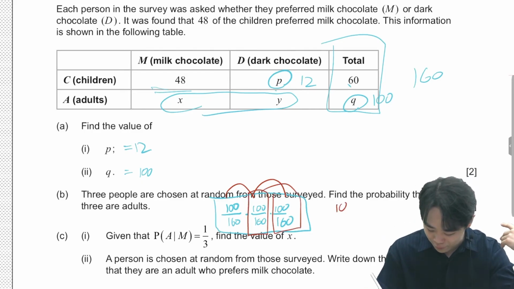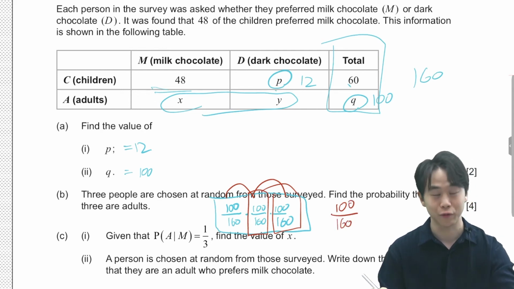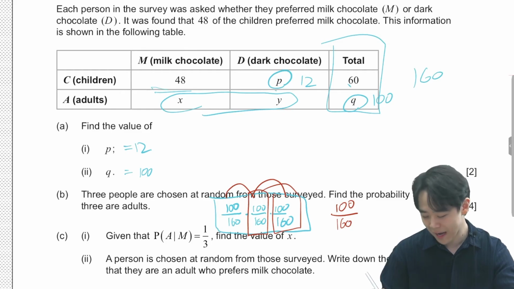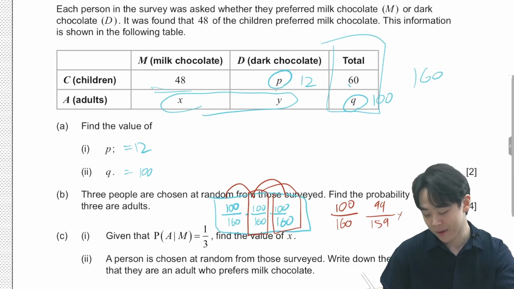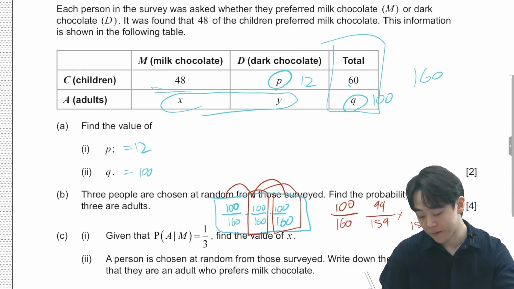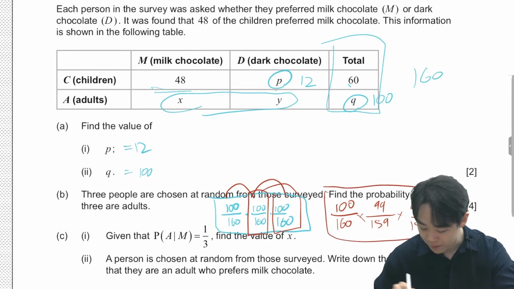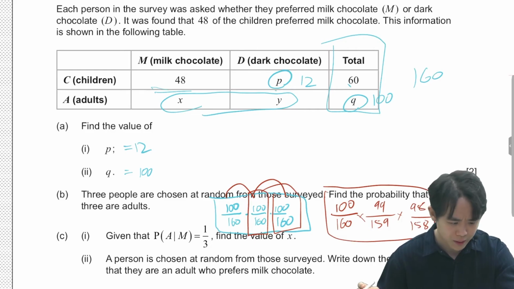Because if you take the first adult, right, that's a 100 out of 160 chance, but then you have 159 people remaining with 99 adults. Then if you choose an adult again there, we're going to have 158 people and 98 of them are going to be adults, right? So we have to use this expression to find the probability of choosing 3 adults, right?